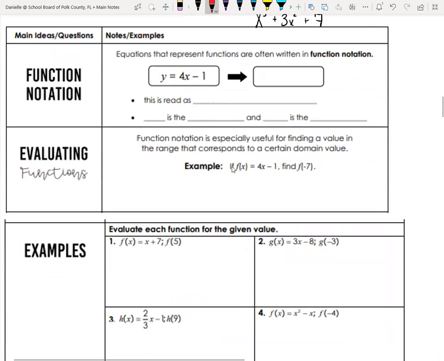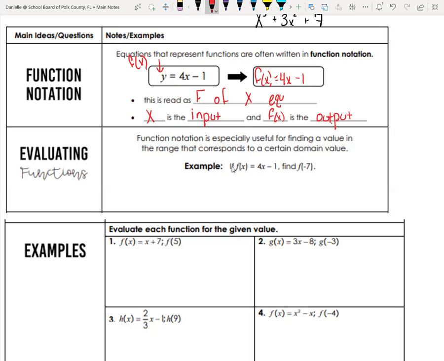Functions. Instead of y, we're going to change it to f of x, and that makes a function. So this would be f of x equals 4x minus 1. And we read that, like I said, f of x equals blah, blah, blah. F of x, x is the input, and f of x would be the output.